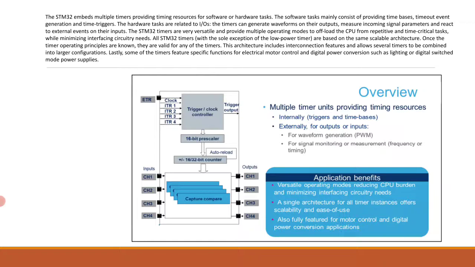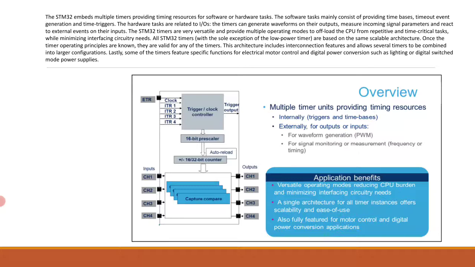All STM32 timers, with the sole exception of the low power timer, are based on the same scalable architecture. Once the timer operating principles are known, they are valid for any of the timers. This architecture includes interconnection features and allows several timers to be combined into larger configurations.